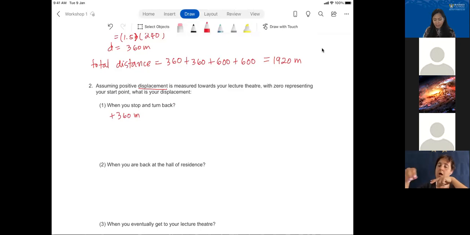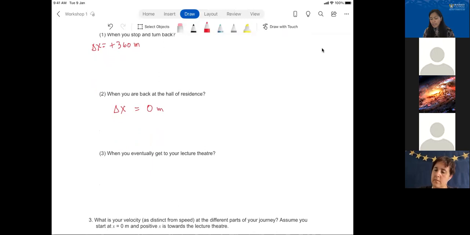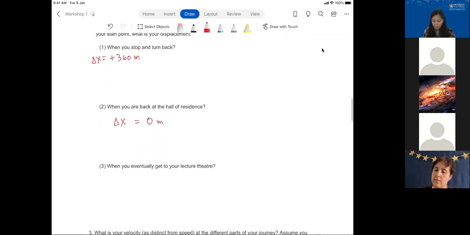So when you are back at the halls of residence, you're back at your original starting point. And so therefore, your displacement when you're back at the original starting point will be 0. And when you eventually get to your lecture theater, displacement is just the final position minus the initial position.